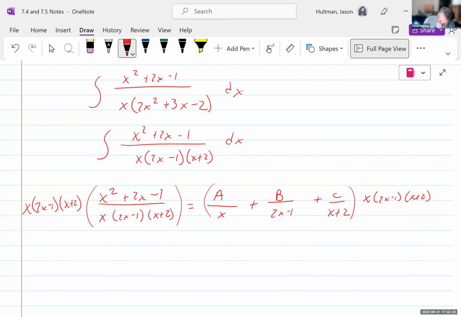We're going to get x squared plus 2x minus 1 on the left.